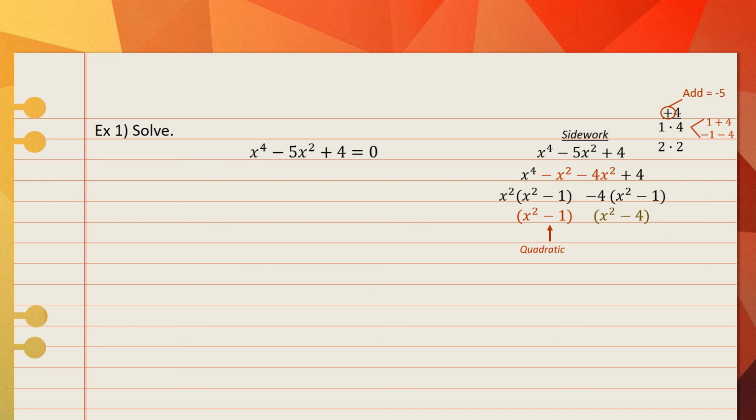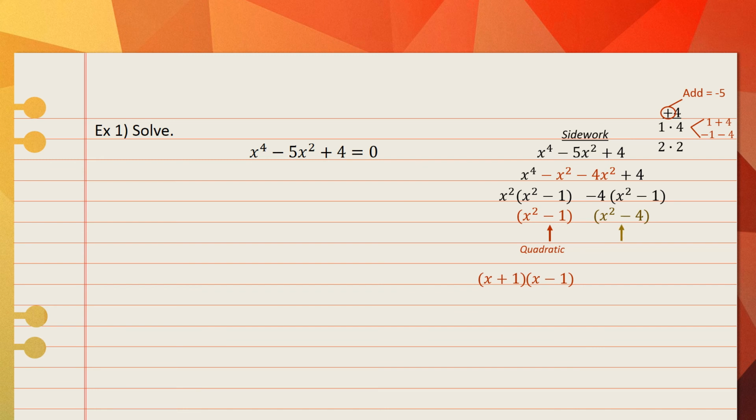Is x squared a perfect square? Yes. Is 1 a perfect square? Yes. Is there a minus sign? Yes. So this does satisfy the difference of squares, which means it will factor into x plus 1 and x minus 1.